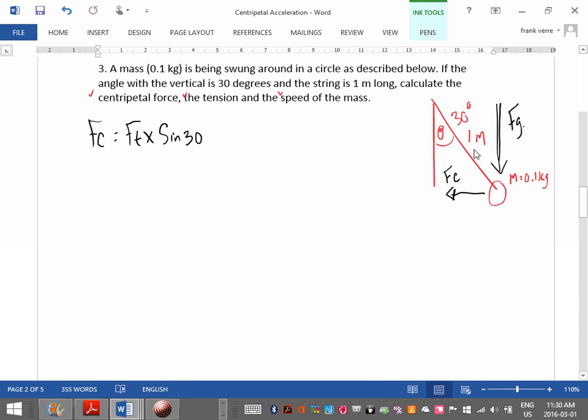If this string broke, this object would shoot outwards, because of Newton's first law, and it would also shoot down because of gravity. The reason it doesn't go outwards is because of the force pulling it back towards the center. And why doesn't it go down?